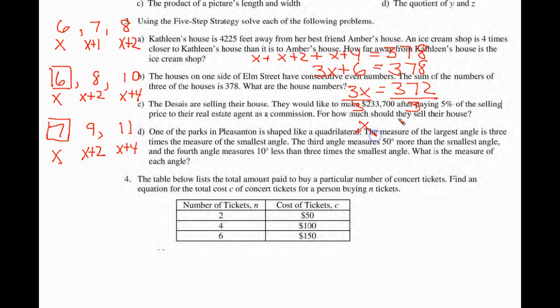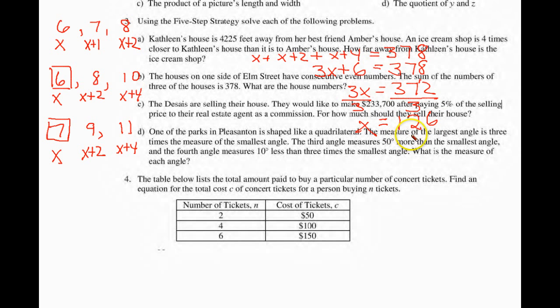So that gives me x. 3 goes into there. I'm going to do this without a calculator. So 3 goes into 3 once, 3 goes into 7 twice, and a 1 left over, so I get 162. Now you might say, well, there's my answer.